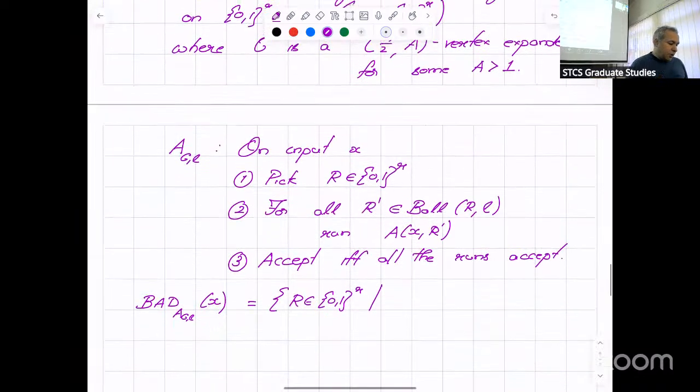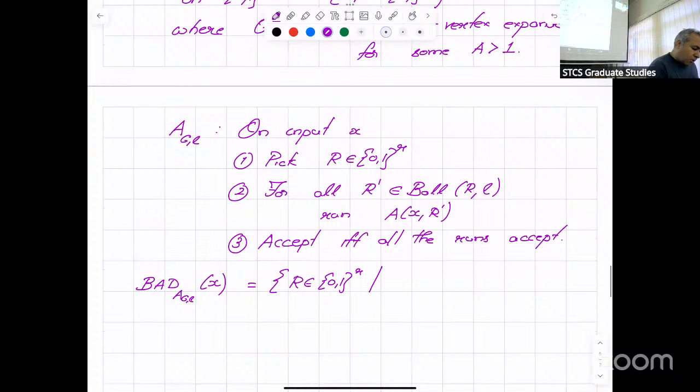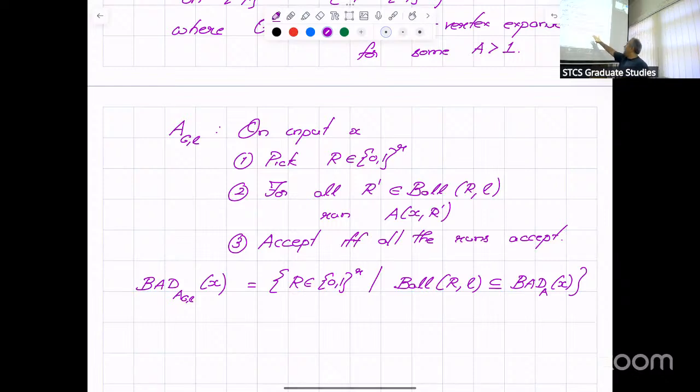So I want to say this is a bad point if the ball around R of radius L is fully contained in the bad set of A for X. If that entire ball is contained in the erroneous set, only then it is erroneous.